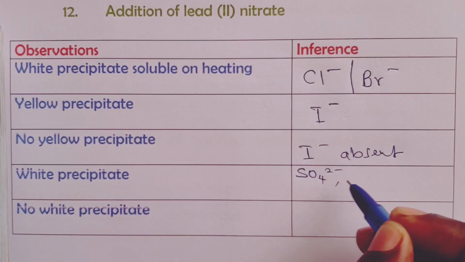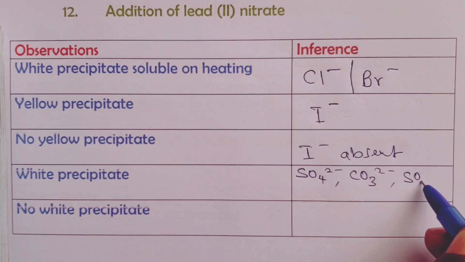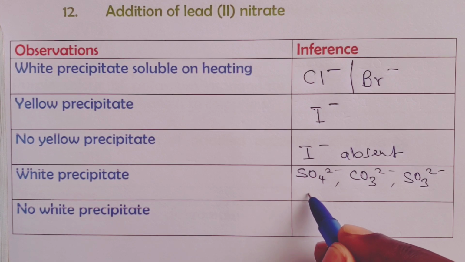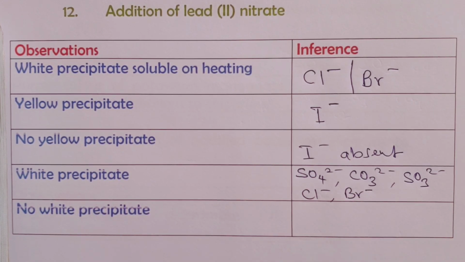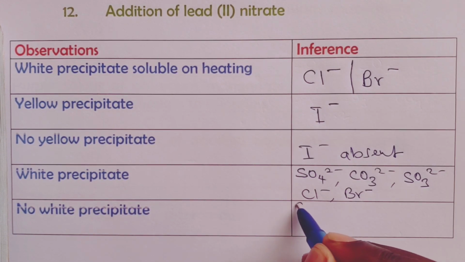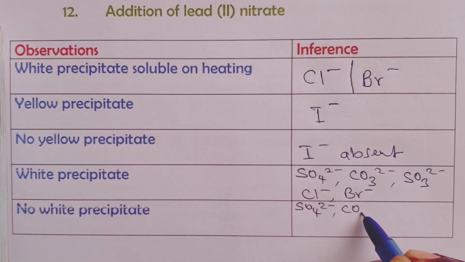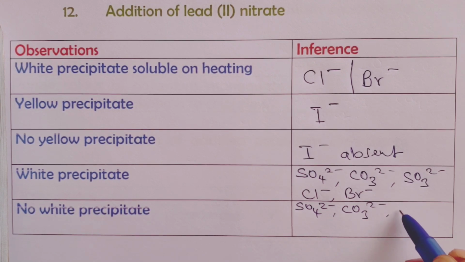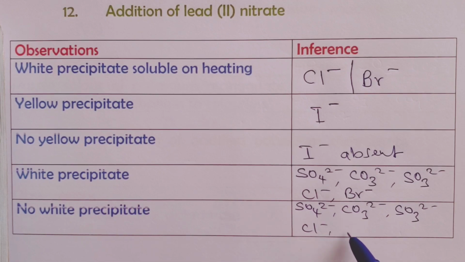We start with sulfate, carbonate, sulfite, chloride or even bromide are present. And lastly, if we don't see a white precipitate, then it means that the whole group, sulfate, carbonate, sulfite, chloride, and bromide are now absent.